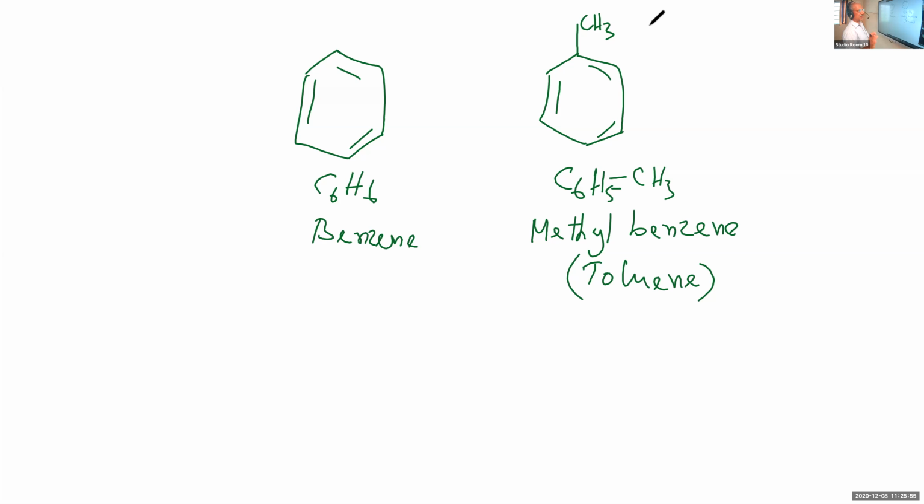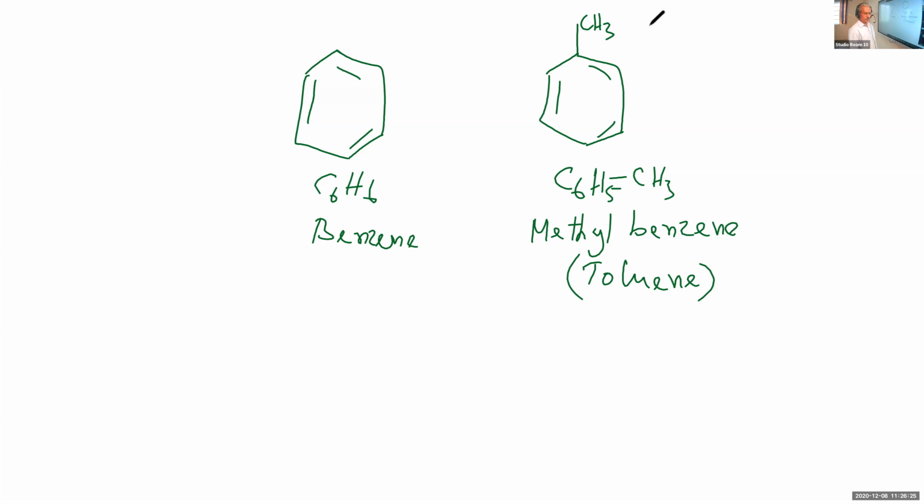Methyl benzene is the strict IUPAC name, but toluene is also accepted by IUPAC. These two compounds contain only one ring. The benzene ring is aromatic; CH3 is not aromatic. There is only one benzene ring in this.